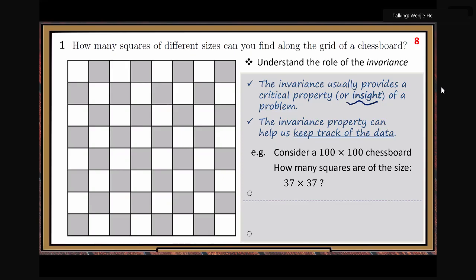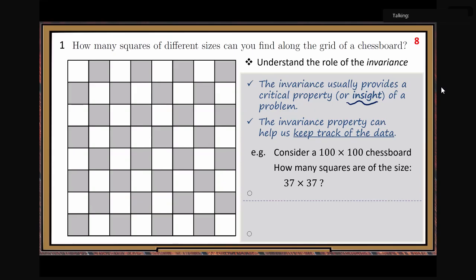How many? 64 by 64. Great. Can other students see that? Why 64 by 64?